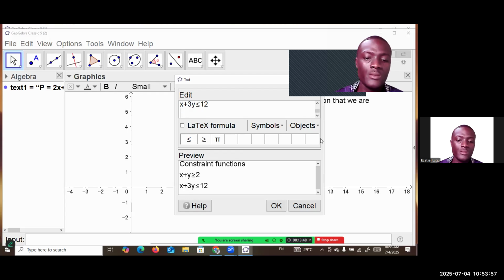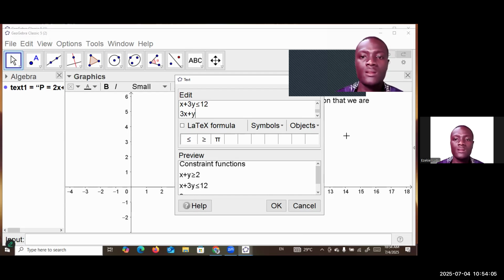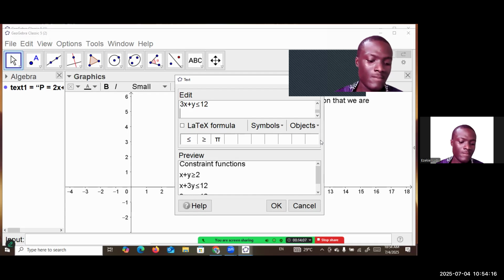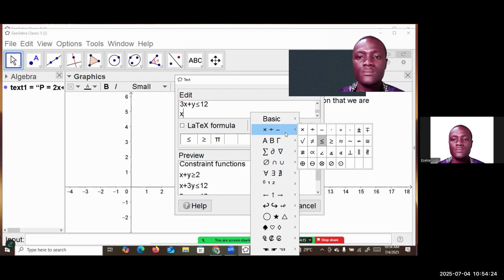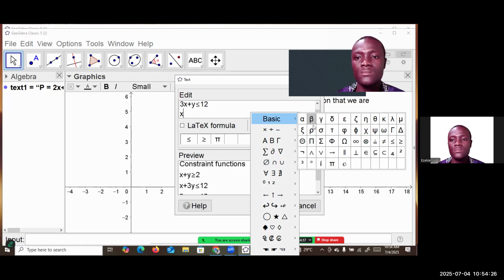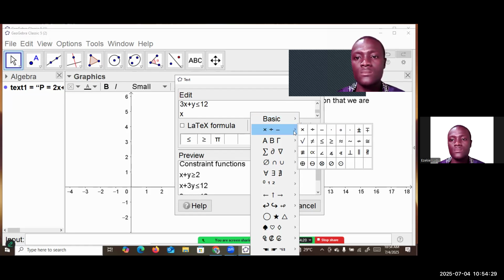Then the next one will be 3x plus y less or equal to 12. Then x should be greater or equal to 0.